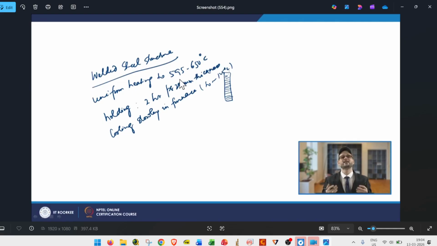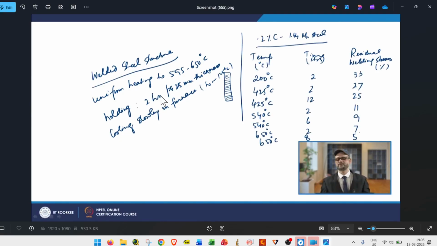It is 650 degrees for 2 hours for 25 mm thickness. If the thickness increases beyond 25, we have to increase the number of hours. So it is the variation of the temperatures with the change in the residual stresses.